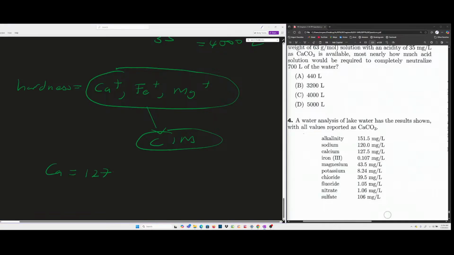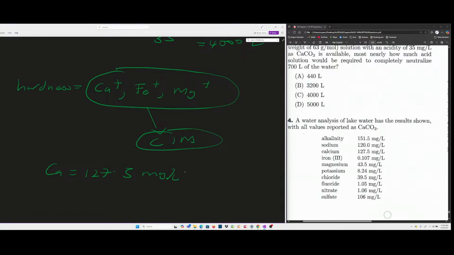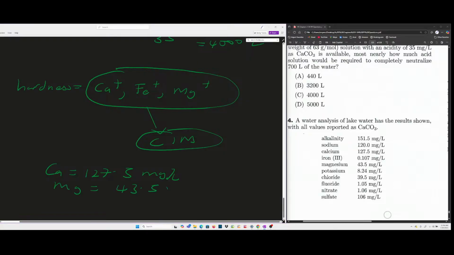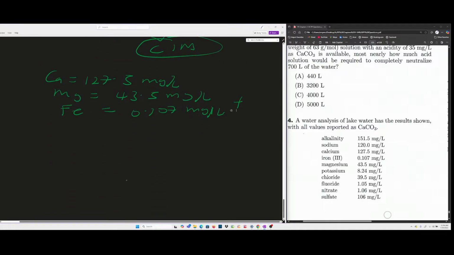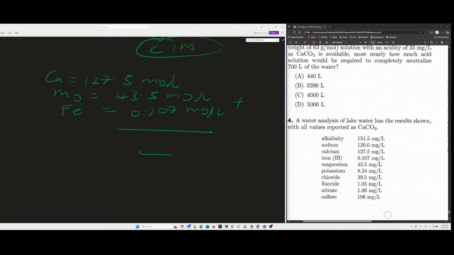So we have the calcium ion concentration as 127.5 milligrams per liter, the magnesium ion concentration as 43.5 milligrams per liter, and the iron concentration as 0.107 milligrams per liter. We're just going to add all this. Once we add all this, we have 171.107 milligrams per liter, which is about 170.